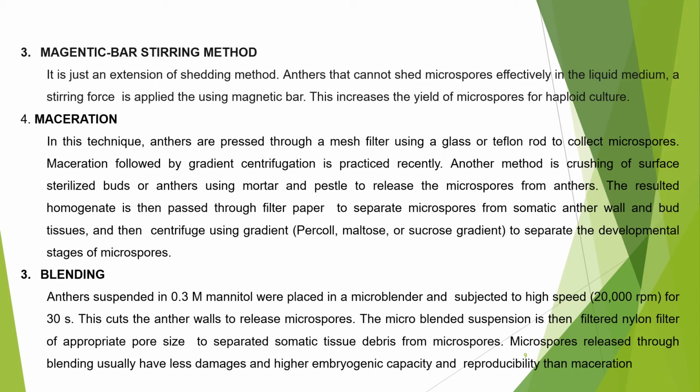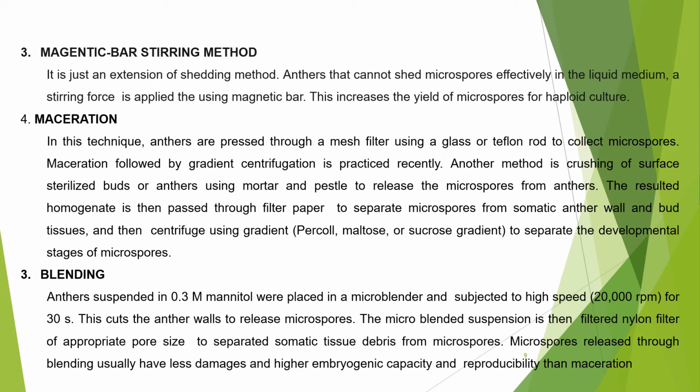Blending technique. In this technique, anthers are suspended in mannitol solution and blended at high speed using microblenders. The suspension is then filtered through nylon papers or mesh of appropriate size to separate the microspores from the somatic tissue.